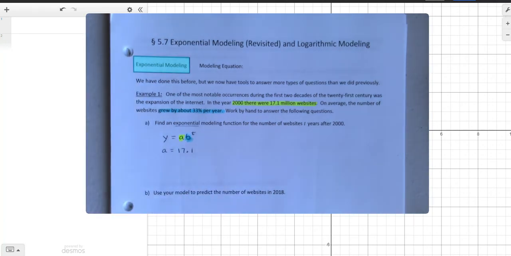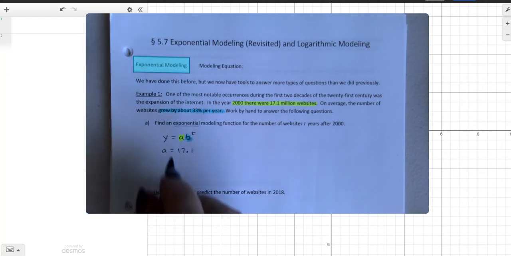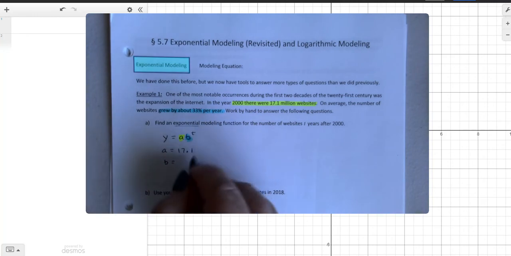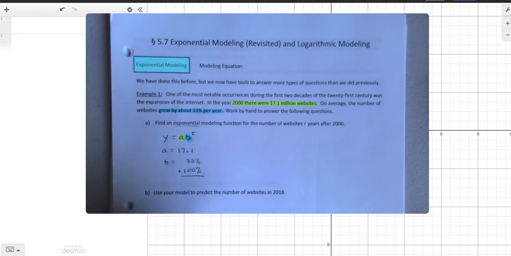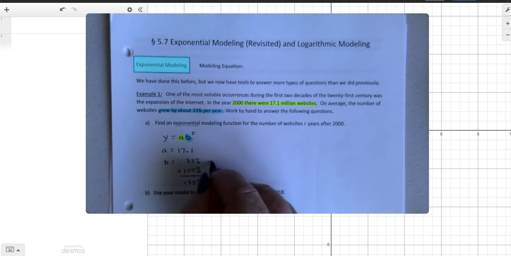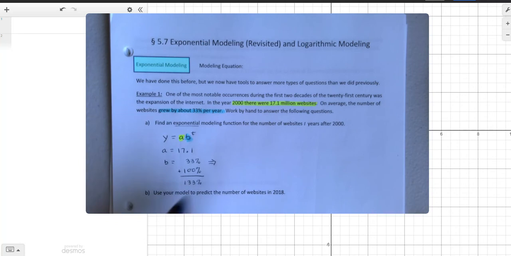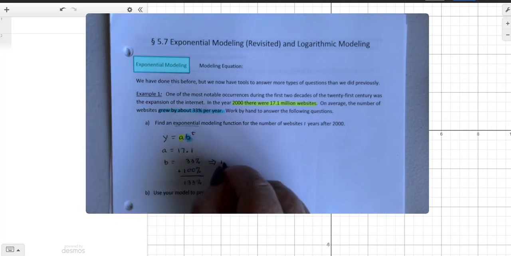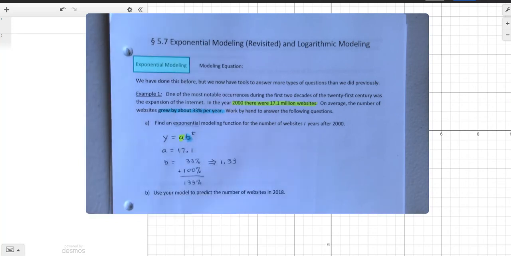33% isn't exactly the b value, but it gives me what I need to get it. So remember that 33% is on top of the 100% that we had started with, for a total of 133%. And if I change that to a decimal, my b value is 1.33.